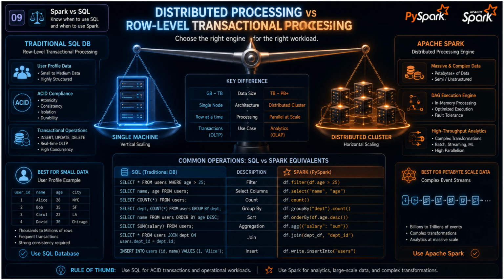So you might get a query like, when do we use Spark versus SQL? In which scenarios do we use Spark versus a traditional database? A traditional database like Postgres or MySQL is perfect for ACID compliant transactions, complex updates, and standard business applications where data volumes are up to a few terabytes.